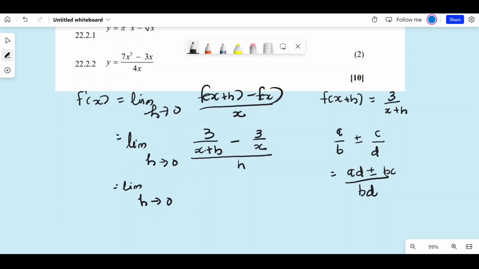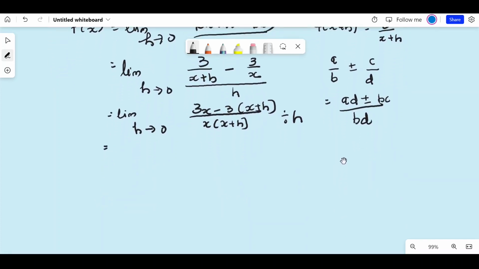So here also we don't have any common factor in the denominator. So the product will be the LCD, that is x times x plus h. So on top you are going to have 3x minus 3 times x plus h, the whole divided by h. Let me write it like this because already there are a lot of fractions now. So let me write the h in that way.